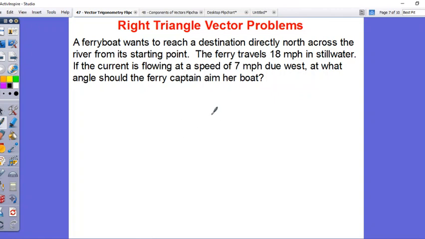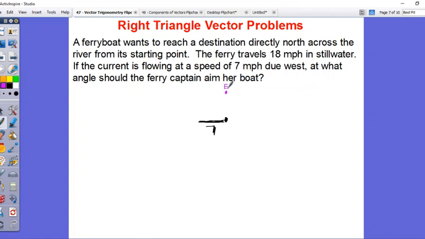All right, so let's start here. We know one component is 7 miles per hour. This value is going to be 7. We know that the ferry has initial propulsion of 18 miles per hour. We want the ferry to reach a destination directly north from its starting point, so we want the ferry to end up somewhere directly north.